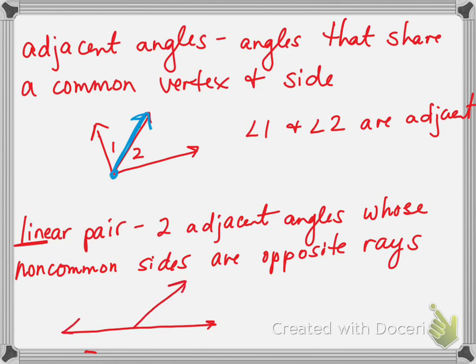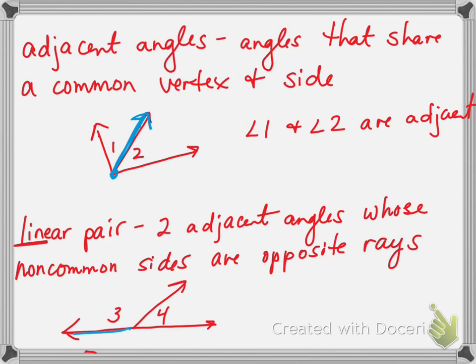Call that angle 3 and angle 4, just so you see, angle 3 is right here, and angle 4 is right there. So angle 3 and angle 4 are a linear pair because their non-common sides are opposite rays. This is their common side that they share.